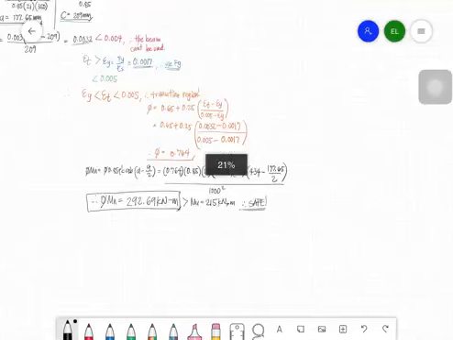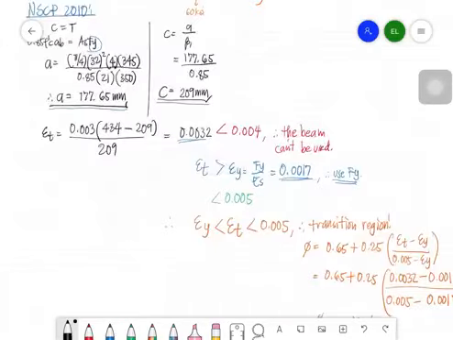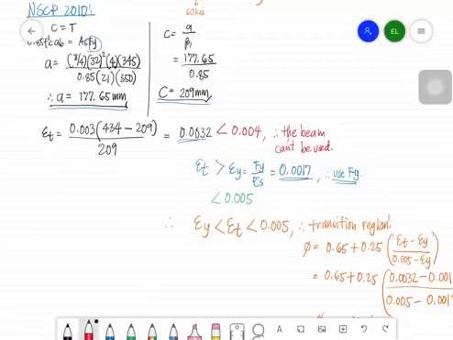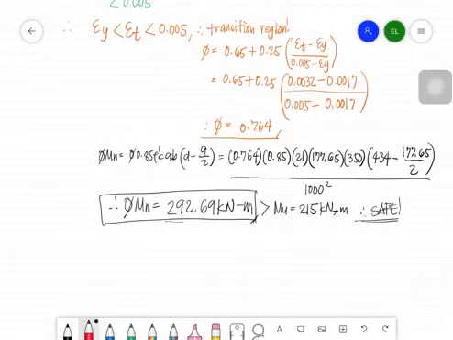Again, the only problem for this beam is that it didn't meet the requirement for ductility.